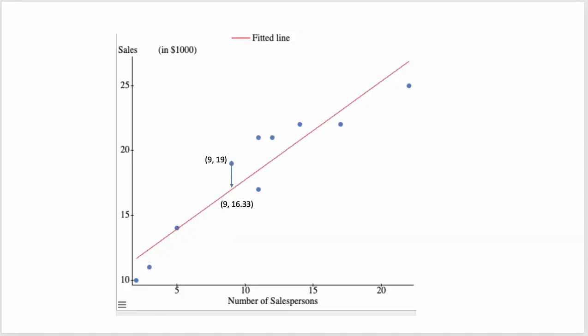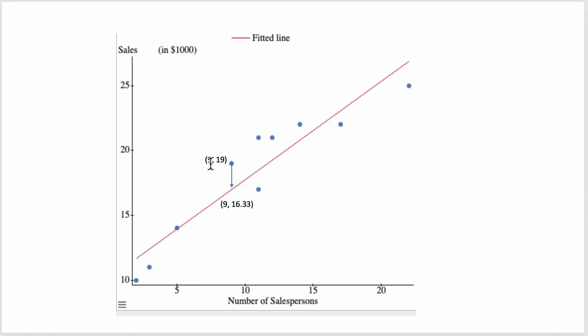Here's our data value, 9 salespersons working, $19,000 in sales. There's that guy right there. Project that point onto the regression line. X is still 9, but what did we expect?